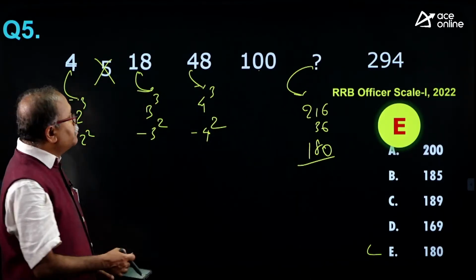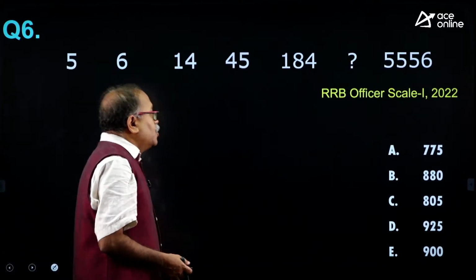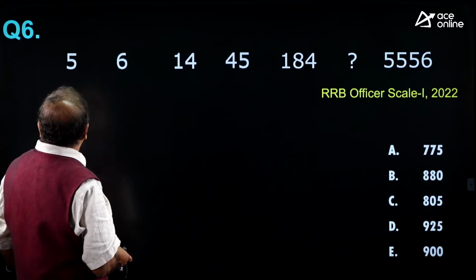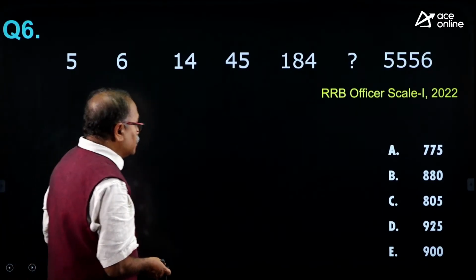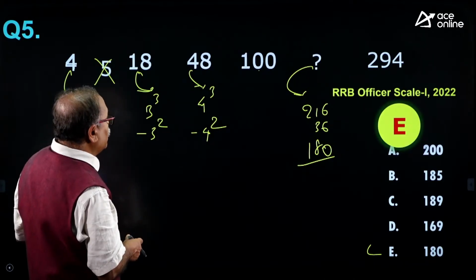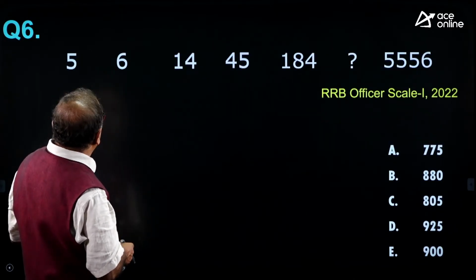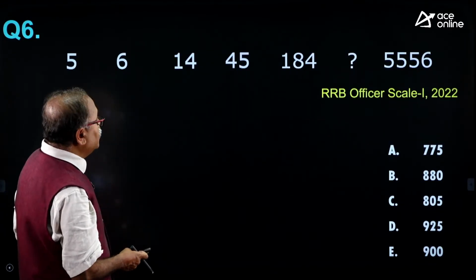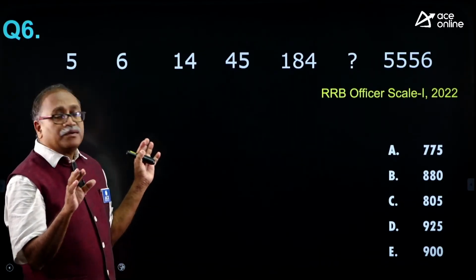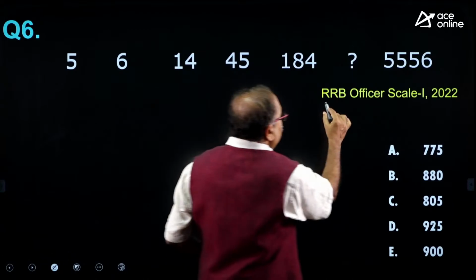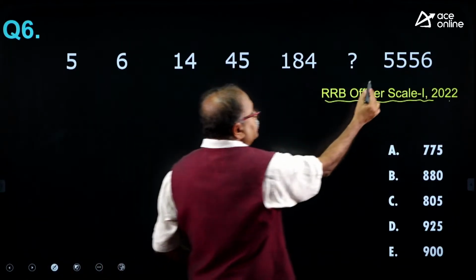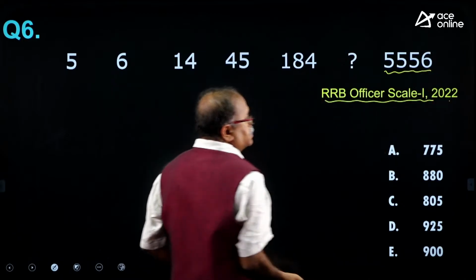The next question on the board is this. Question number 5 or 6, 1 minute. Let me check this. Okay, fine. Let us move on to this question and what you are understanding over here. This is again the RRB PO Scale 1. I see that such a big number is there, 556.